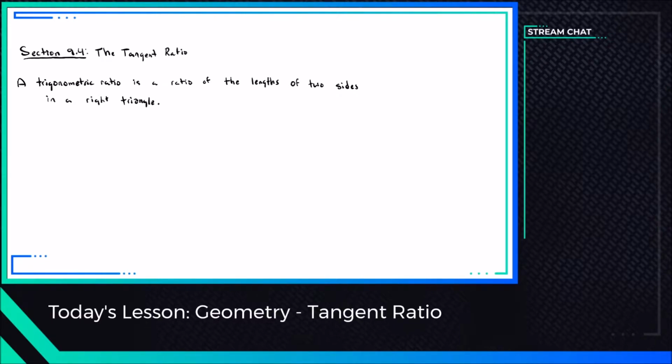So simply put, if we draw a right triangle here, we can label this JLK. We'll signify that angle L is our right angle with our indicator, and let's look at angle J there.